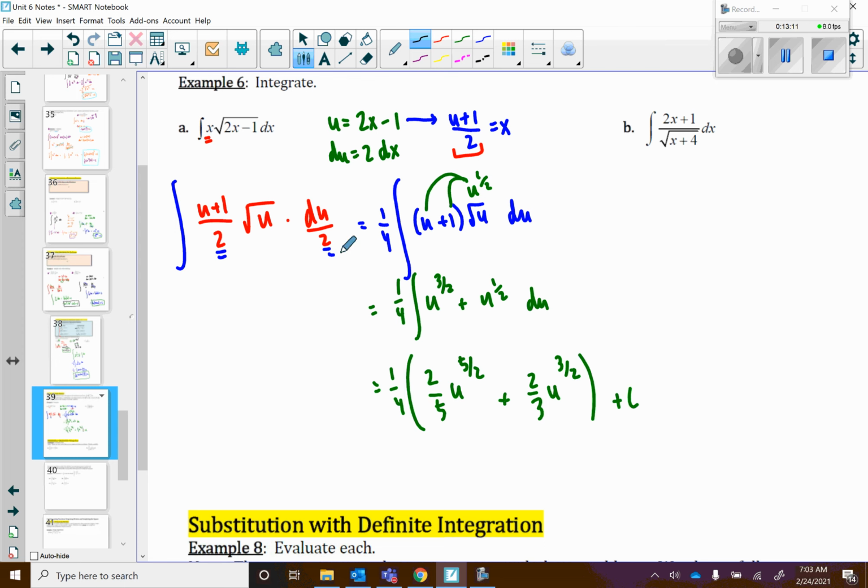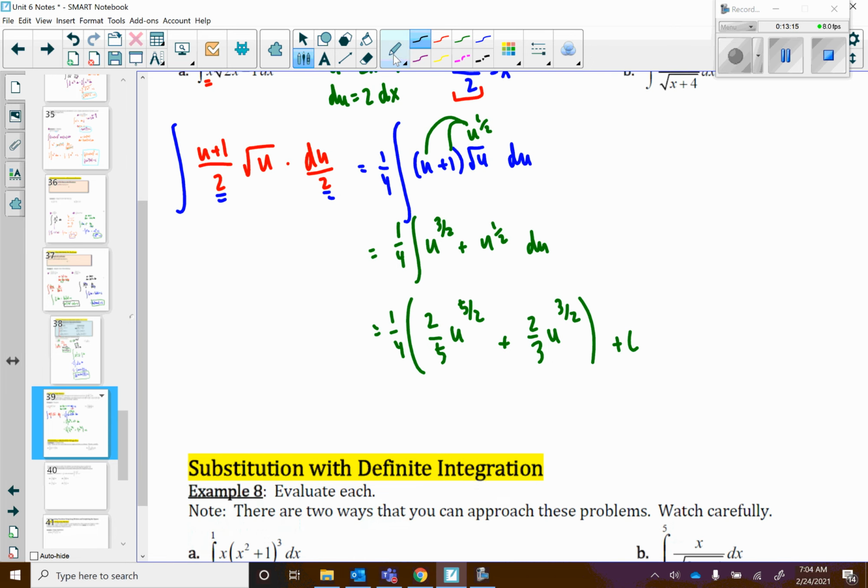And from here, I don't even really need or want to do that much more simplification. The only thing I am going to do is, instead of u's, I do want to substitute back in my x. So I'm going to write this as 1/4 times the quantity, 2/5 times 2x minus 1 to the 5/2 plus 2/3 times 2x minus 1 to the 3/2, plus c.